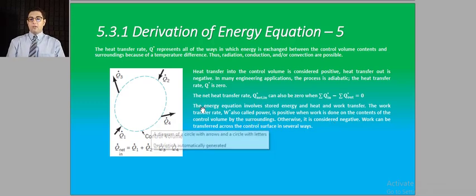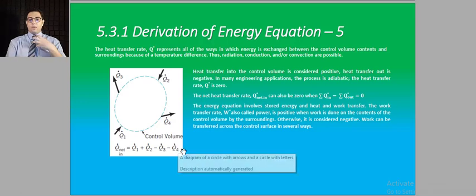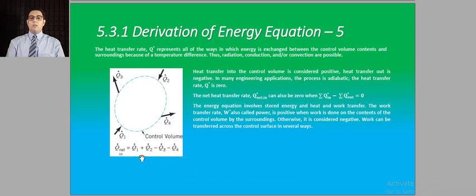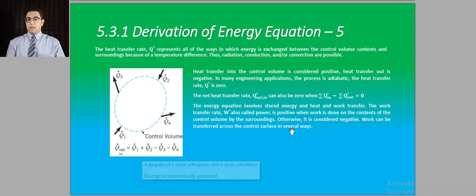Once again, in this figure, you're seeing how we have calculated the net rate of change of heat transfer getting in and out of the control volume. The ones that are getting out are shown with a negative sign, Q3 and Q4, and those which are entering are designated with a plus sign, Q1 and Q2.